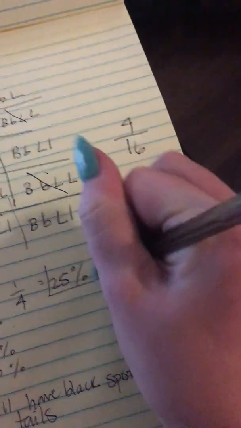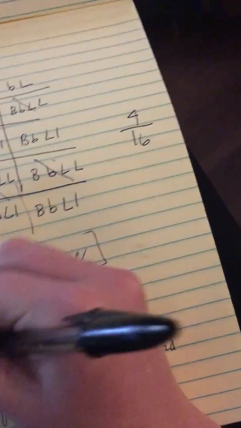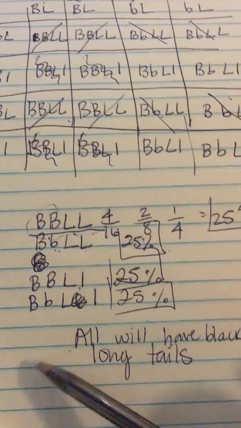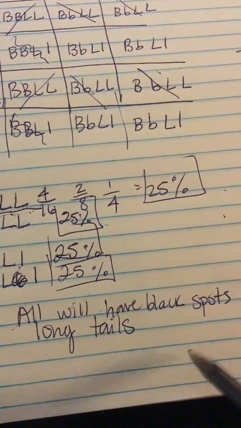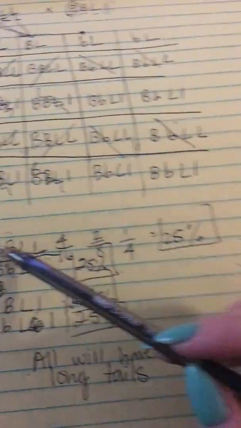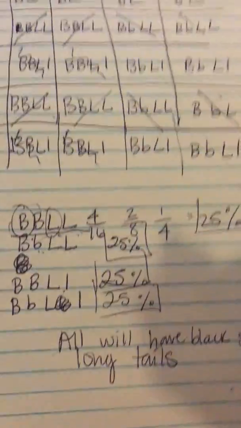Right, so this is a little messy, but each of the genotypes is 25% written here. But the phenotype, or how they look, they're all going to have black spots and long tails, because every single possibility here, they have a big B and at least one big L.